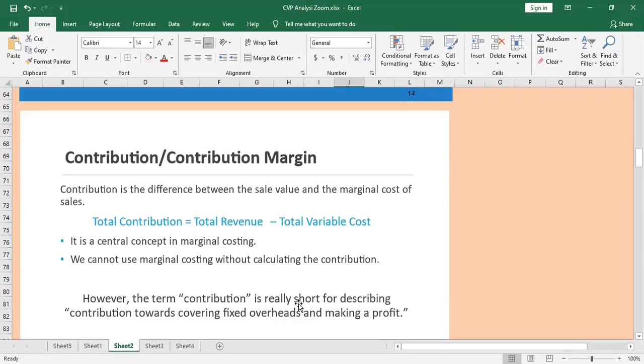If that contribution is more than fixed cost, that means you are covering your fixed cost, and then you are contributing towards the profit. So that is the big idea. You will understand this when we are doing our calculations.